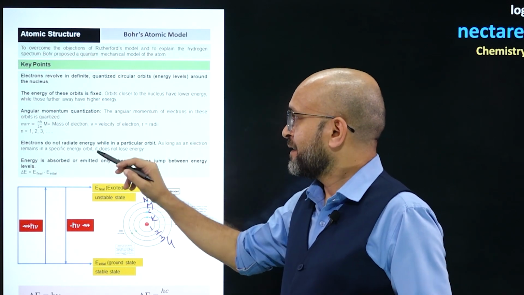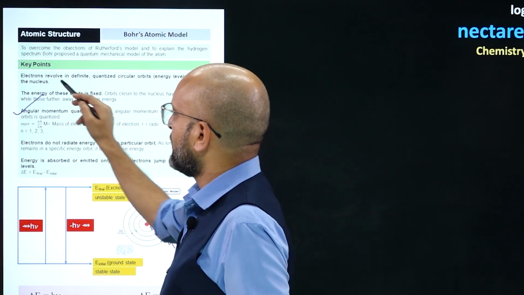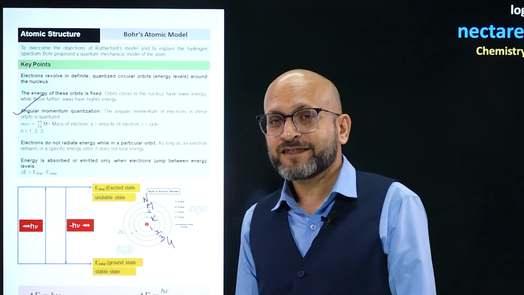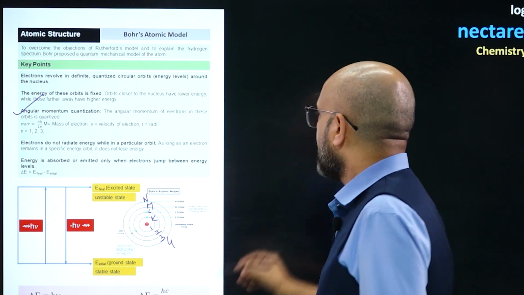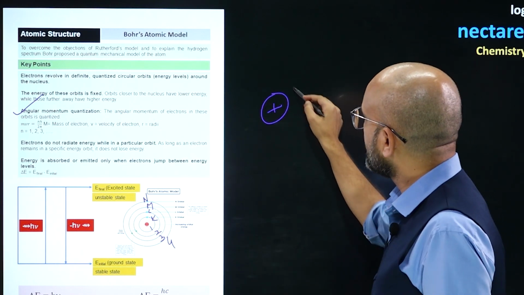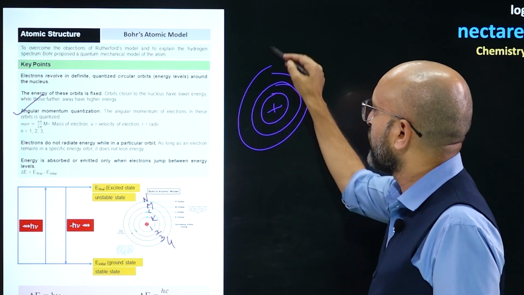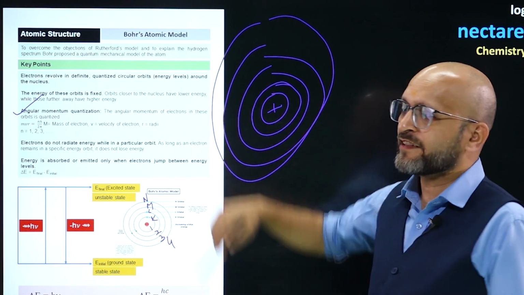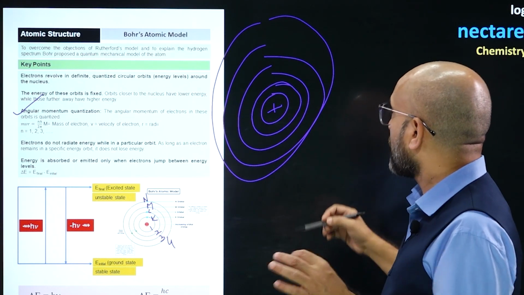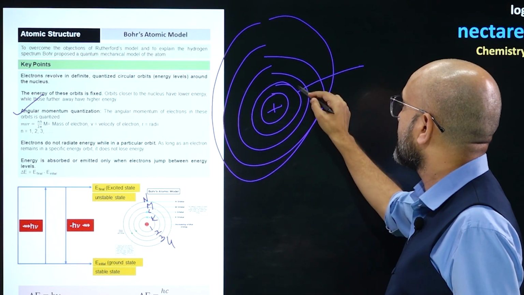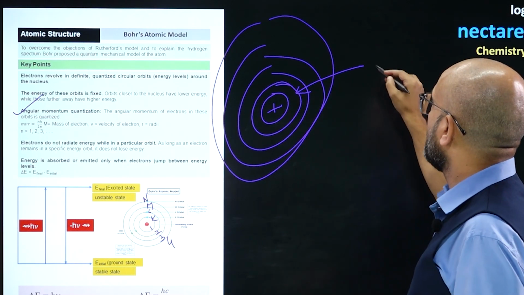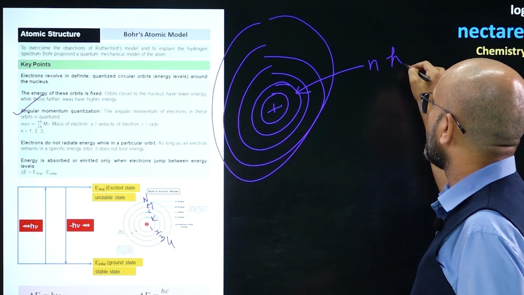Another point was quantization of angular momentum. Let's say this is the nucleus. Around this there will be many circular paths. So which path are we going to call an orbit? An orbit is that circular path in which the angular momentum of the electron is an integral multiple of h by 2 pi.